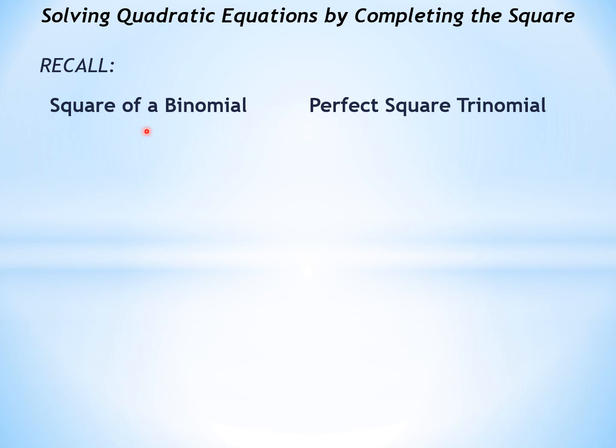Example ng square of a binomial: the quantity of x plus y squared. Transform natin ito as a perfect square trinomial. Paano gawin? Square natin yung first term, x times x, magiging x squared.